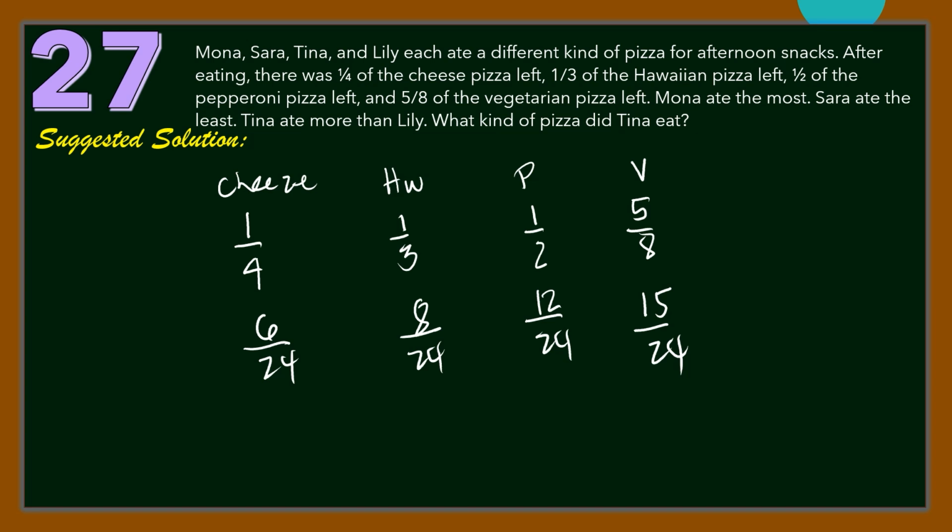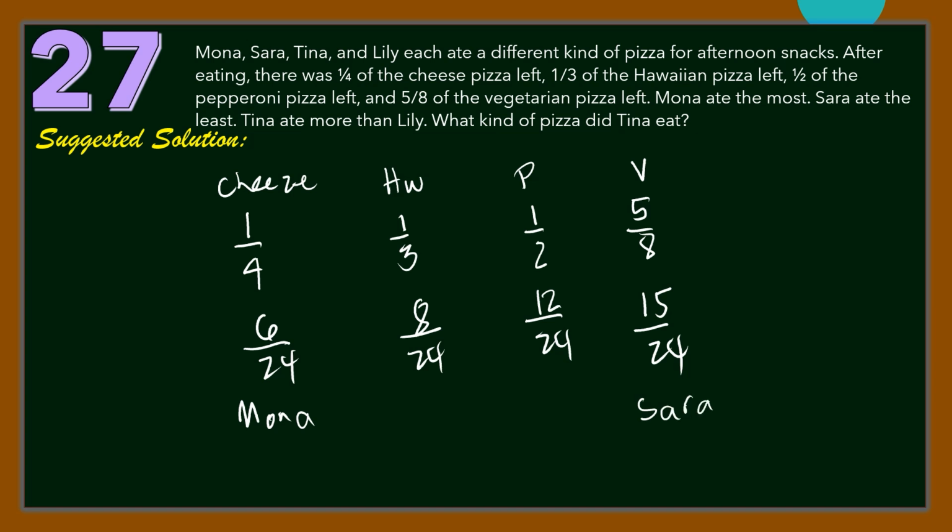So that means the most pizza that was eaten was cheese, and from the problem, it says Mona ate the most. So Mona ate the cheese pizza. Also, Sarah ate the least, since there is 5/8 of the vegetarian pizza left, then that means Sarah ate the vegetarian pizza.